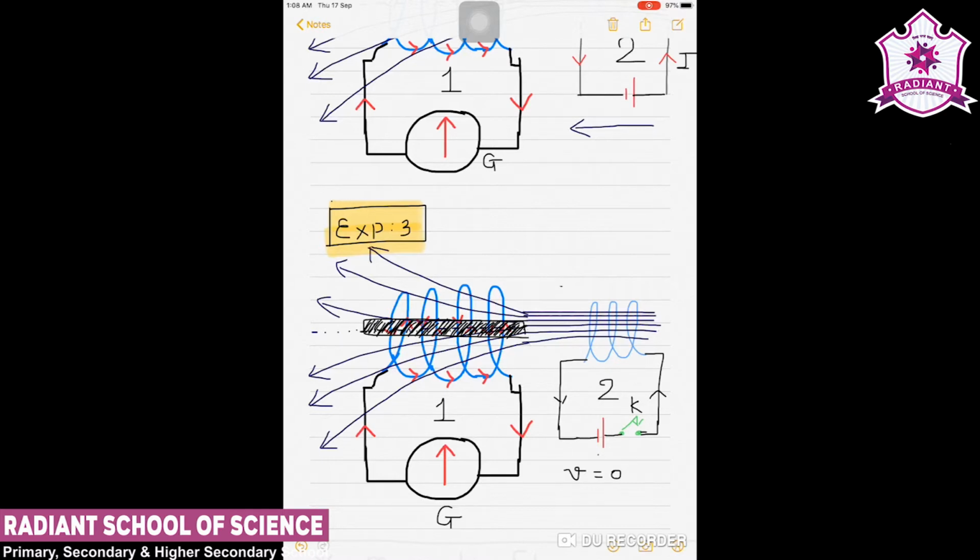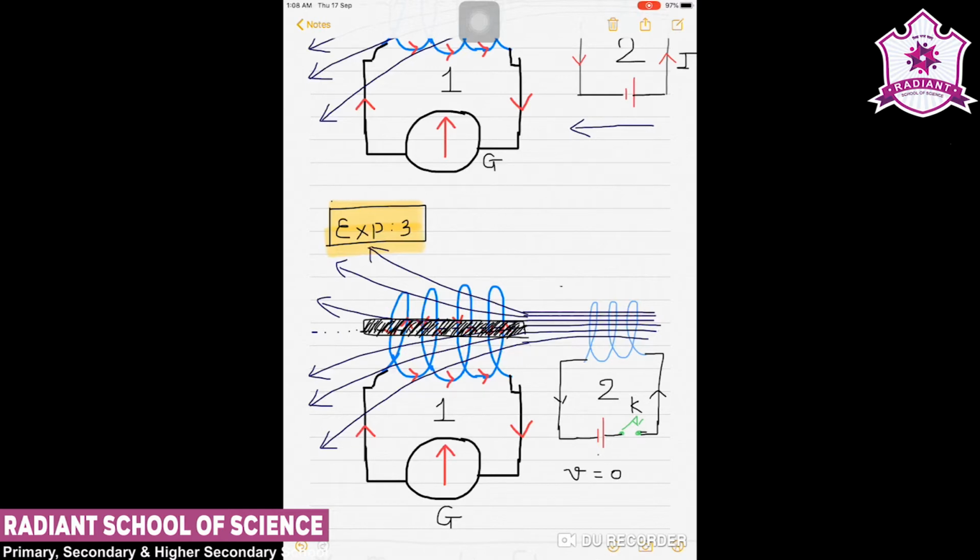See, listen properly. If key K is pressed continuously and coil 2 is kept stationary, then the current in coil 2 will not change, so it will remain constant. Due to that, the magnetic field lines coming out from it and passing through coil 1 will remain constant.